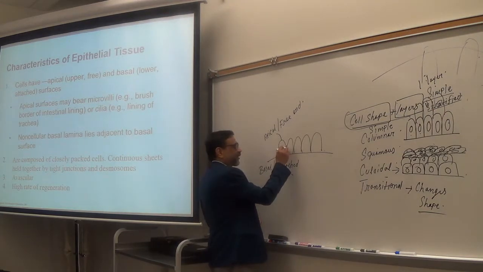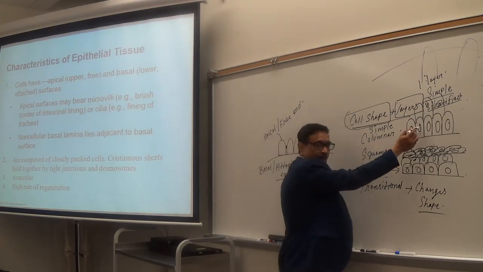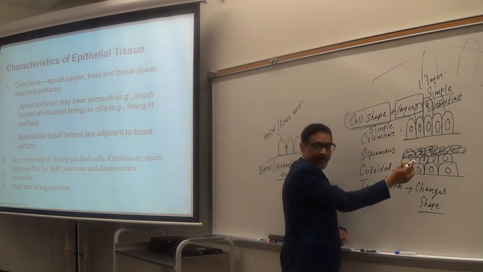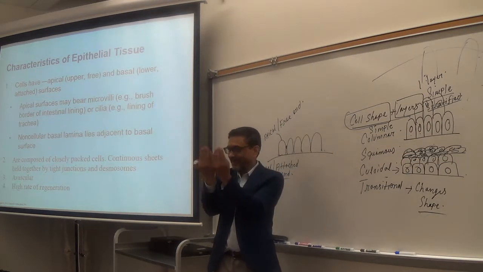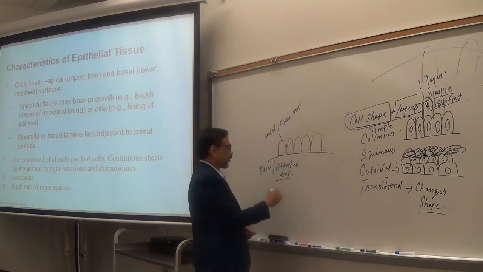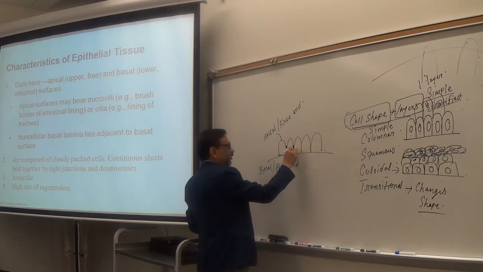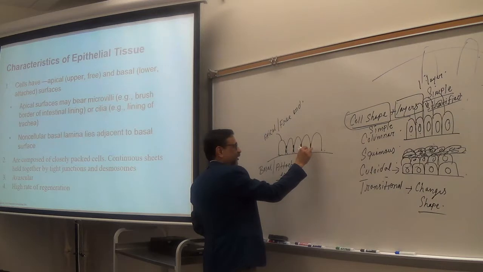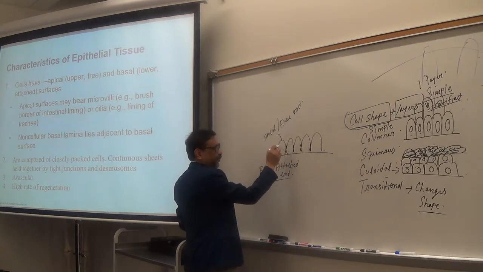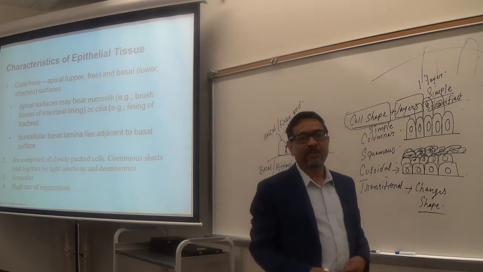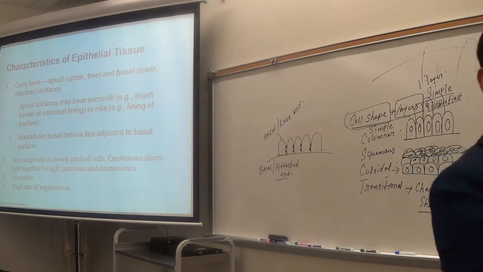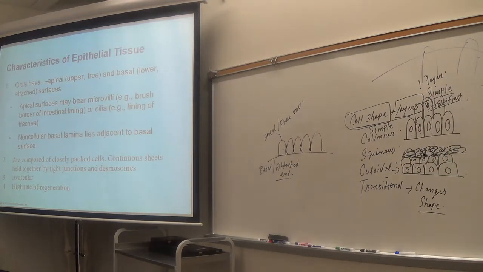The cells, you see, always when I draw the epithelial tissues here, always I put the cells side by side, right? Like this. So the cells are attached by intercellular junctions. You remember I talked about the intercellular junctions, tight junction, gap junction, desmosomes. So in case of epithelial tissue, the cells are held together by special attachment. So that is another property.